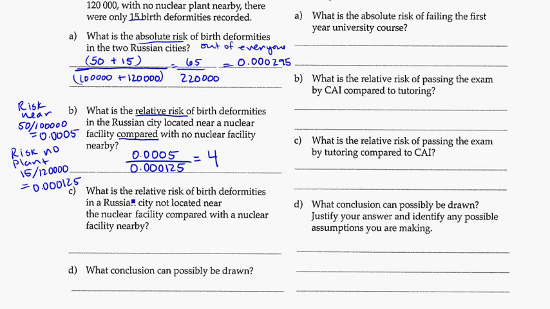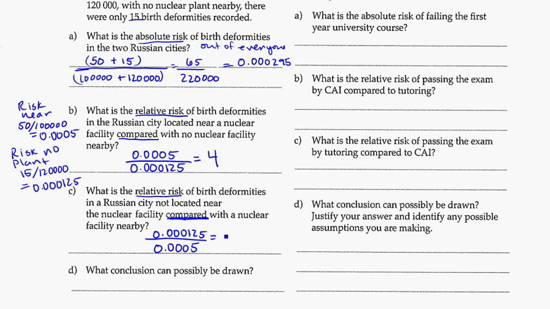In question C, they're asking us for a relative risk again of birth deformities in a Russian city not located near the nuclear facility compared to those located with a nuclear facility nearby. So this is kind of the opposite situation. We're comparing it to the group with the facility, so that goes on the bottom. And on the top, we're comparing those without the facility.